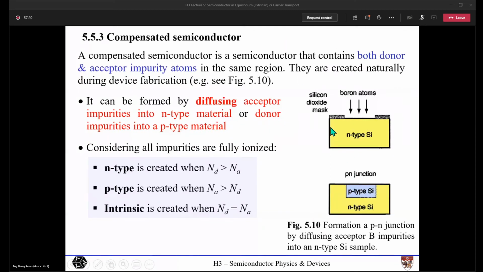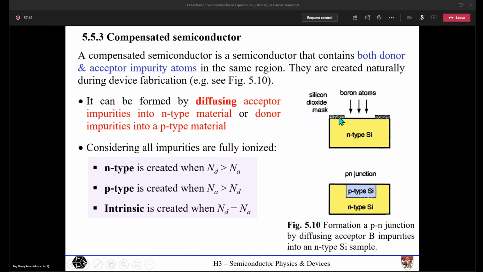Typically, if you want to make, for example, a PN junction in a semiconductor wafer, the wafer could come pre-doped. So you could have, say, an n-type silicon wafer as your starting material. If I want to dope part of it to make it into a PN junction, then we have to put boron atoms into that part of the semiconductor.